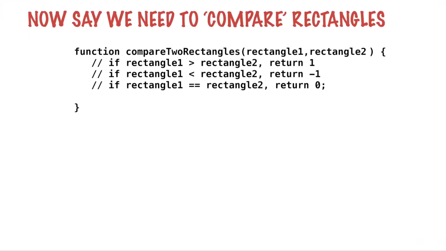How would we do this? Notice the signs greater than, less than, and equal to, represented by the double equal to sign. When you're comparing one object with another, you use the double equal to sign in JavaScript. So how do we do this?